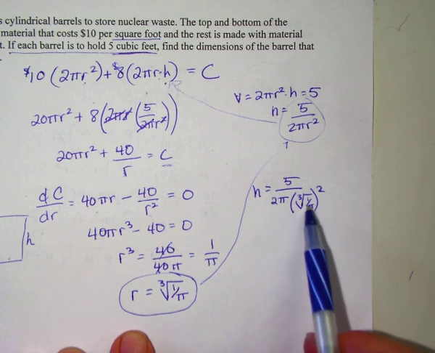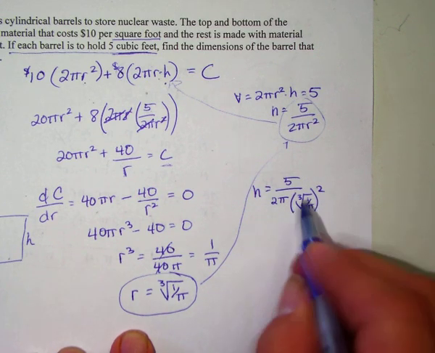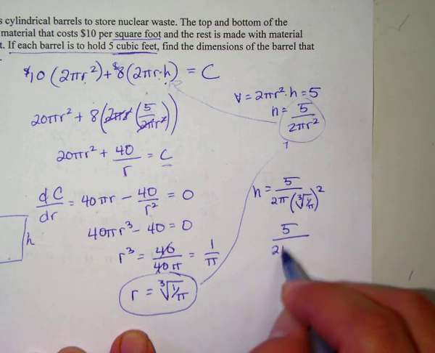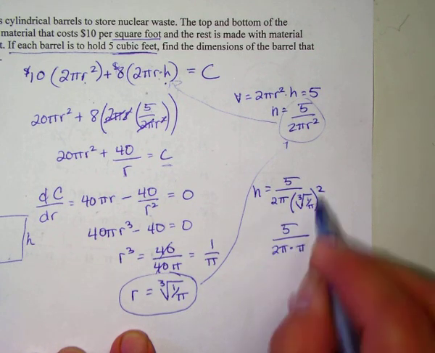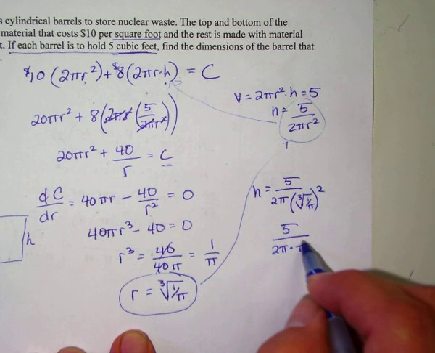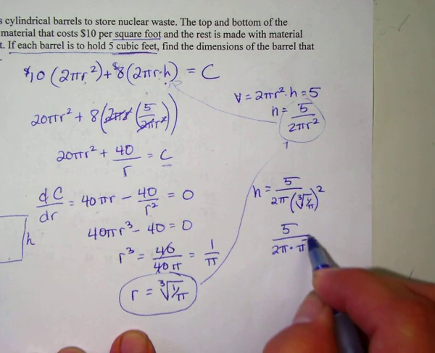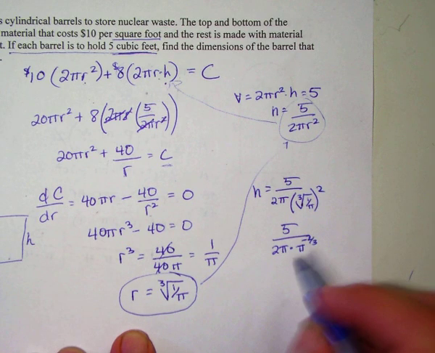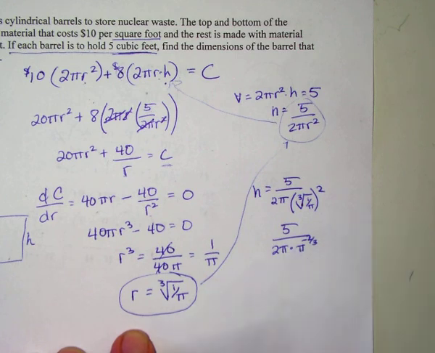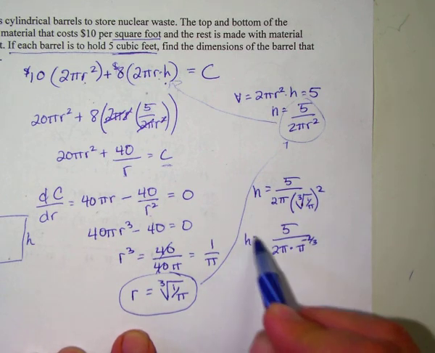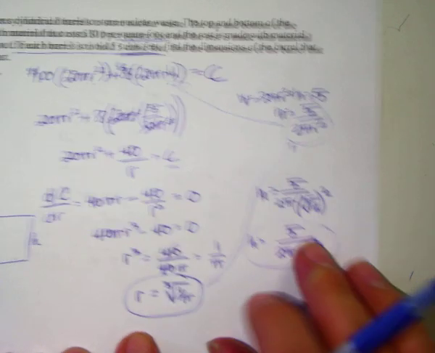If not, you can put this as 5 over 2 pi times pi to the, let's see, that's 2/3. So negative 2/3 since we have a fraction. And we could do a little bit more with that, I guess, and put the pi's together and simplify a little bit. But I think this hopefully gives you the idea of what we're doing.